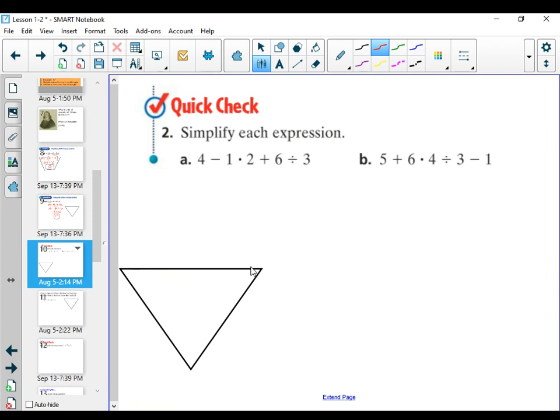Parentheses, no. Exponents, no. Multiply and divide from left to right. Please keep track of your work. If it takes 5 lines, it takes 5 lines.